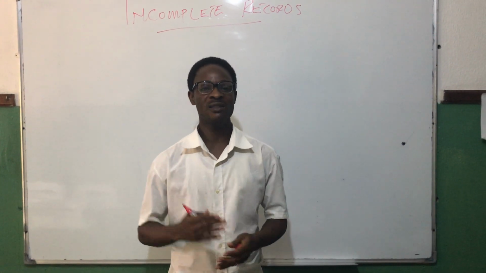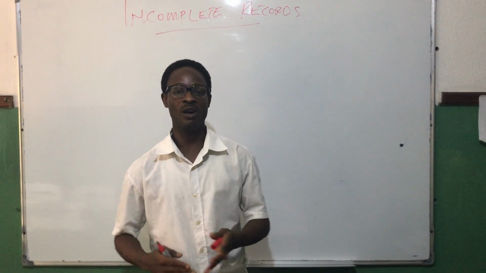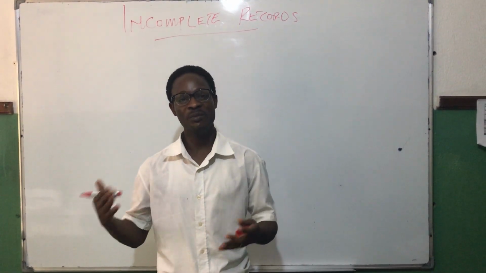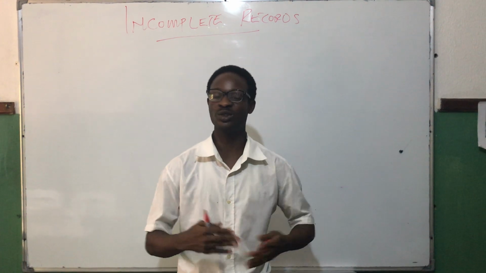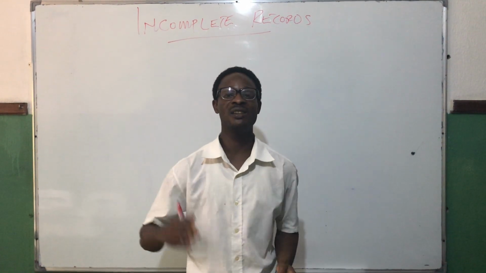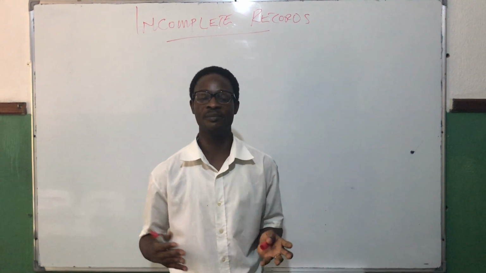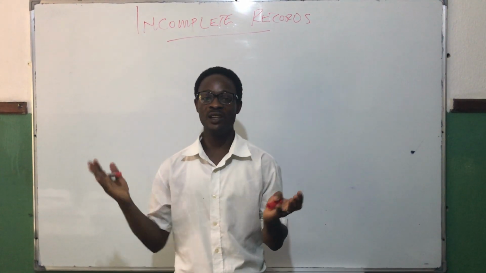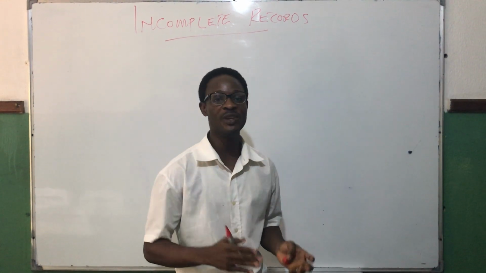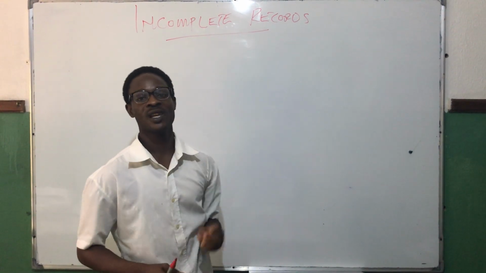However, when the bookkeeper or the person making the records for the business is not experienced or does not know how to do it, this person may ignore certain things in the double entry system, which means the information we will need to prepare the financial statements will be incomplete.